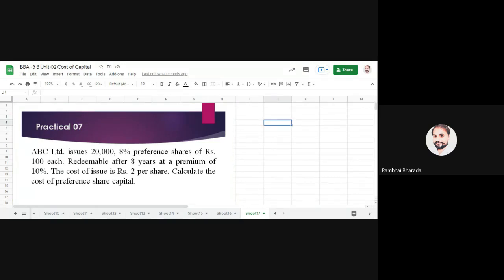Here KP is equal to DP plus, in a bracket, RV minus NP upon N, and entirely divided by RV plus NP upon 2.